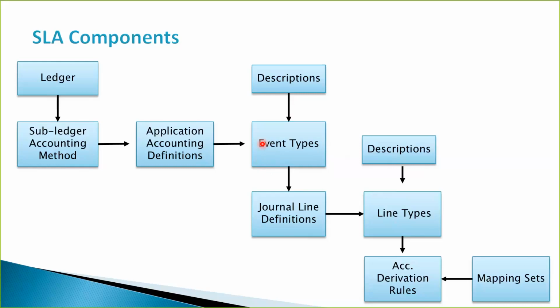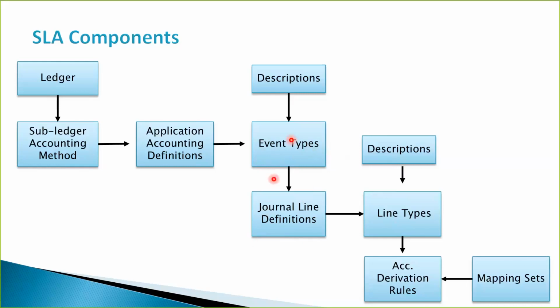And there are all those other kinds that we can think about. If we have multiple event types, then it means you'll have many journal line definitions, because each journal line definition is associated with each event type.